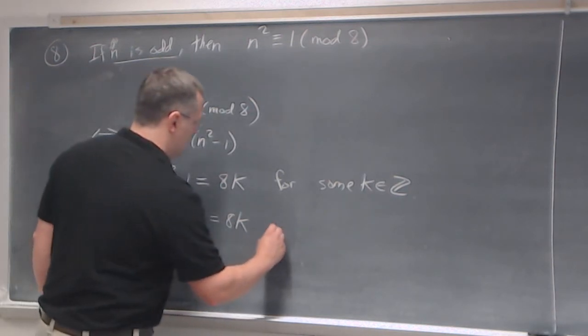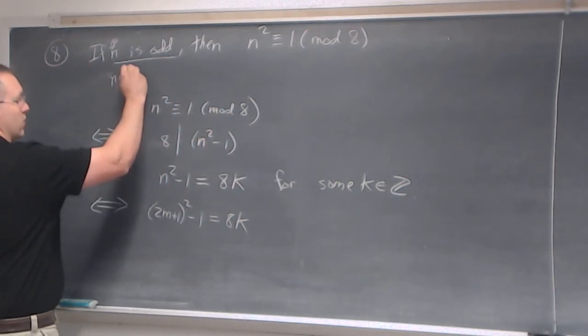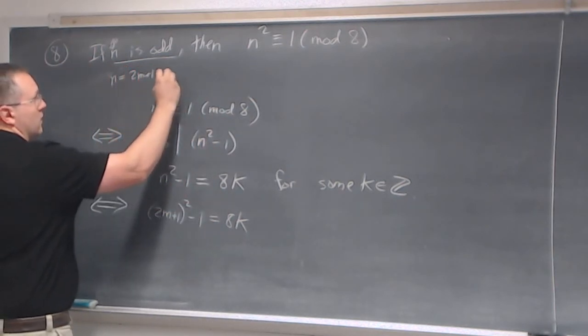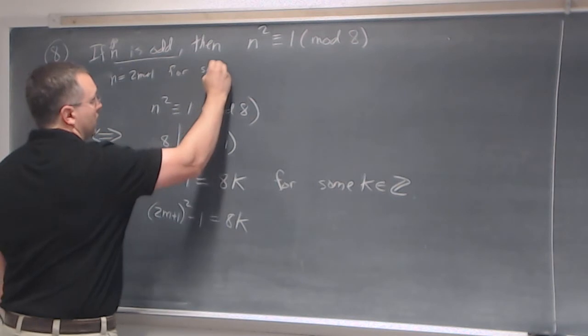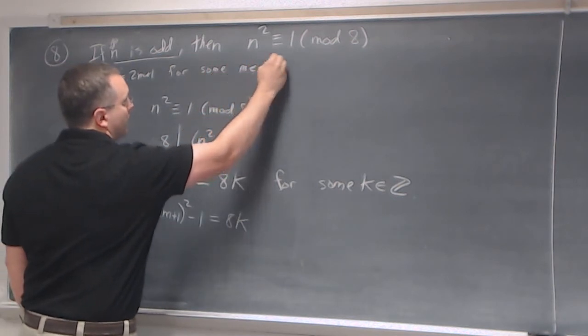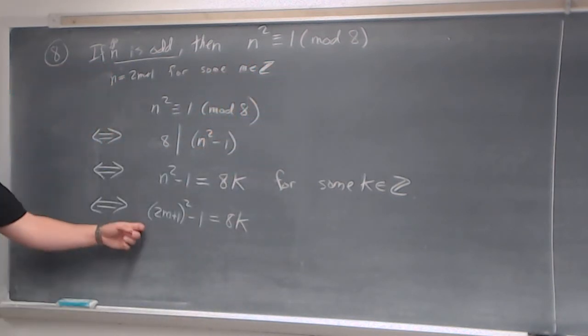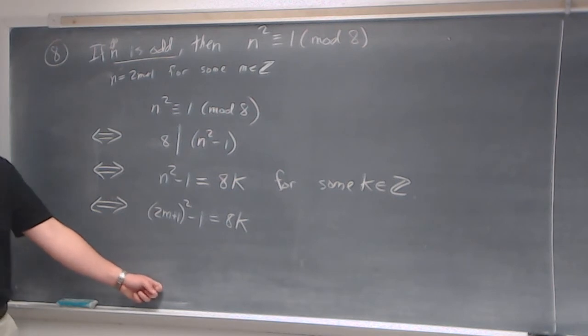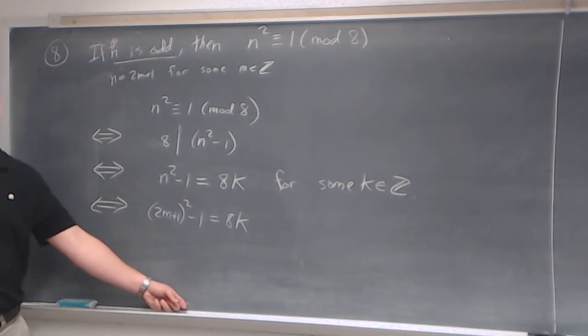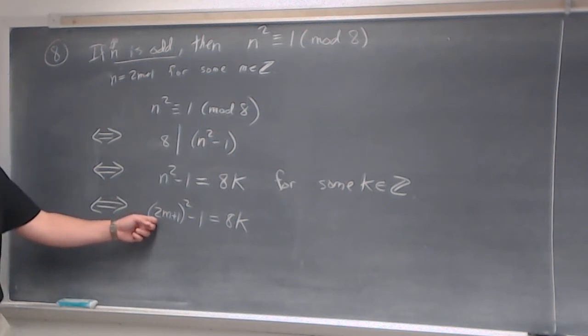Or let's just say up here n equals 2m plus 1. And then you're getting easier statements to prove. And then the last one was obvious. I guess there's still a little bit of work to do, right?